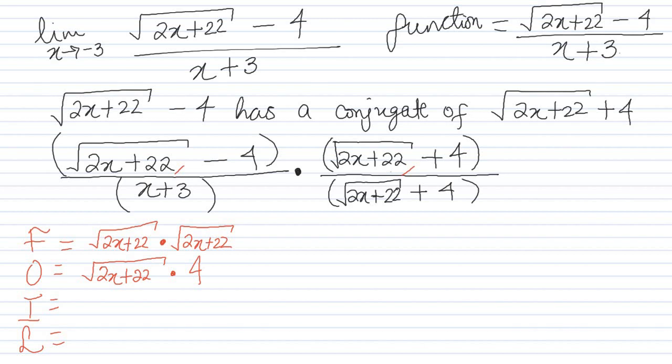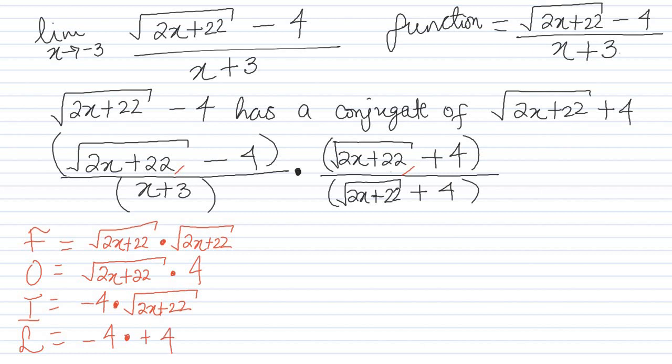Then you have the inners, which is negative 4, multiplied by the square root of 2x plus 22. And then the last will just be negative 4 multiplied by positive 4. So that is basically how we're going to solve this.